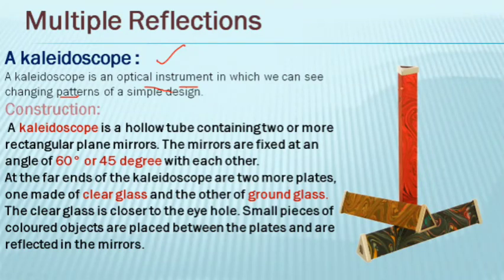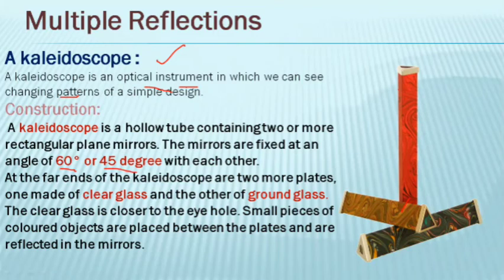This is a triangle, so on the three sides we use long rectangular plane mirrors, and we fix them at an angle of 60 degrees or 45 degrees, and then we fix them with tape, like masking or scotch tape.